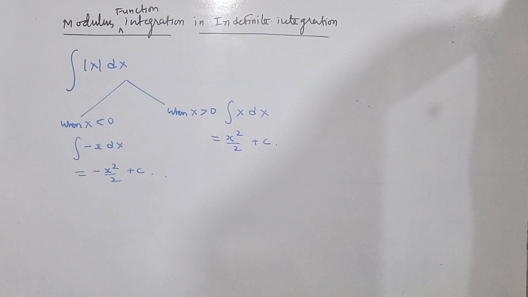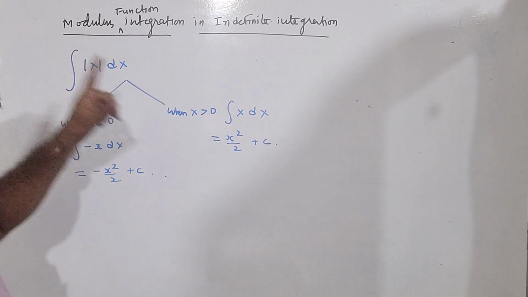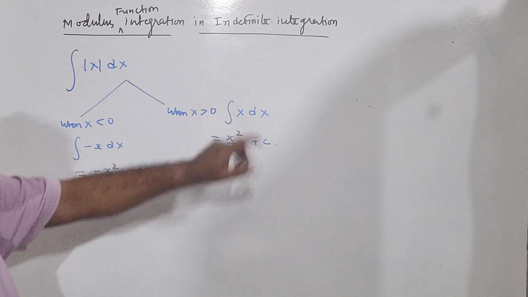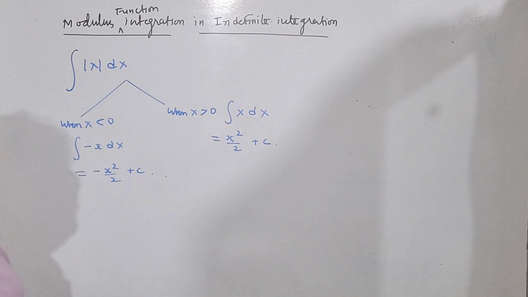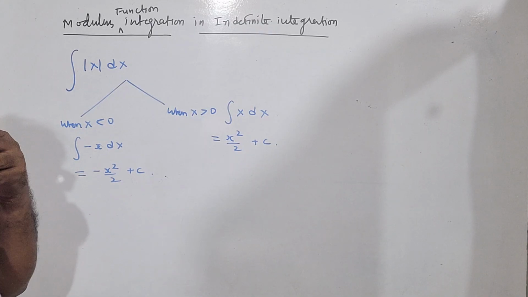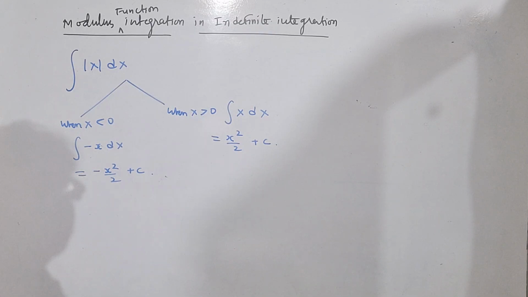But in indefinite integration, what do we do? We always ignore this modulus sign and we always consider this positive x and the integration of this positive x dx. Okay, that is the case.